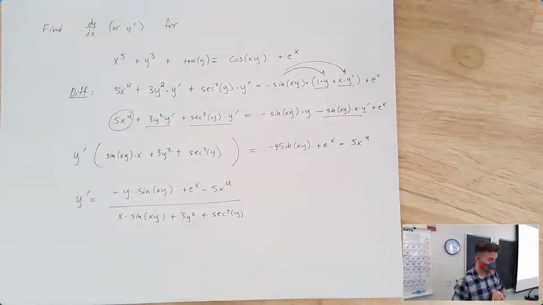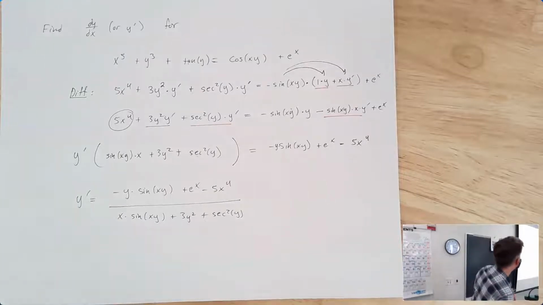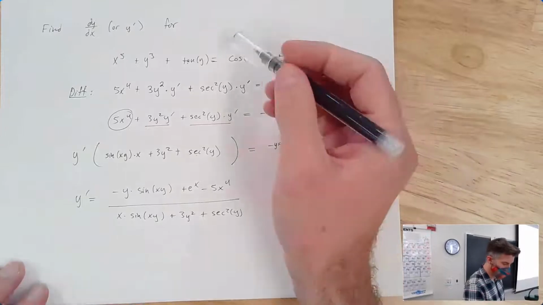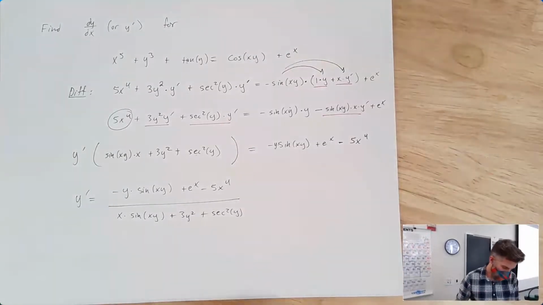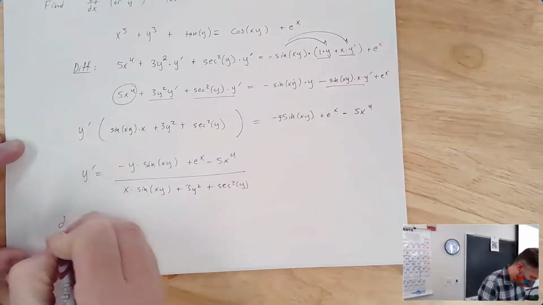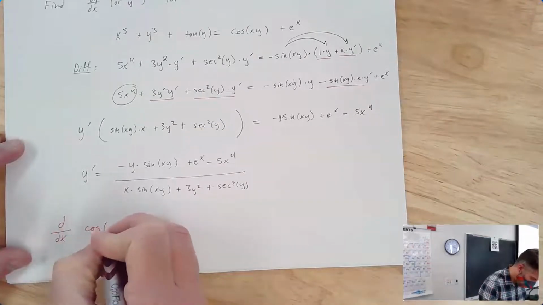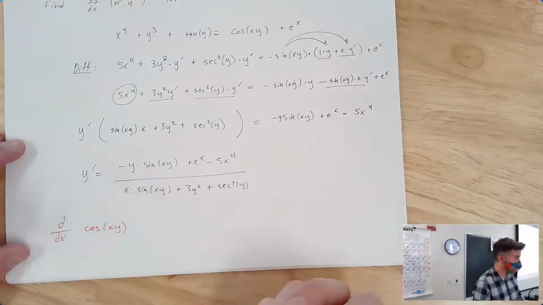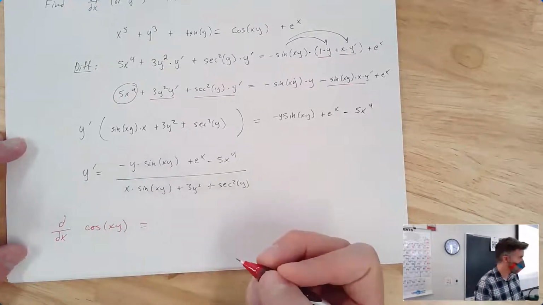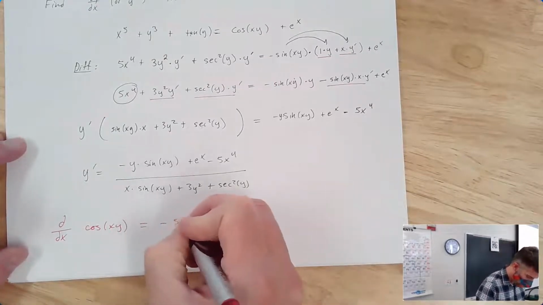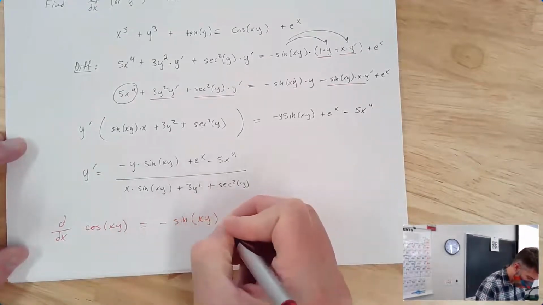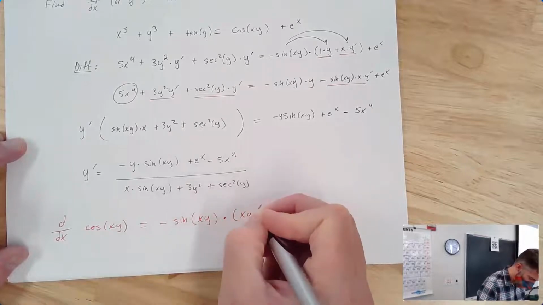Yeah, question. I'm confused with the negative sine xy. How do you go like times 1 times y plus x times y prime? Sure. So when I took the derivative of cosine of xy, I'm going to use the chain rule, and the derivative of cosine of some stuff is negative sine of the stuff times the derivative of the stuff.